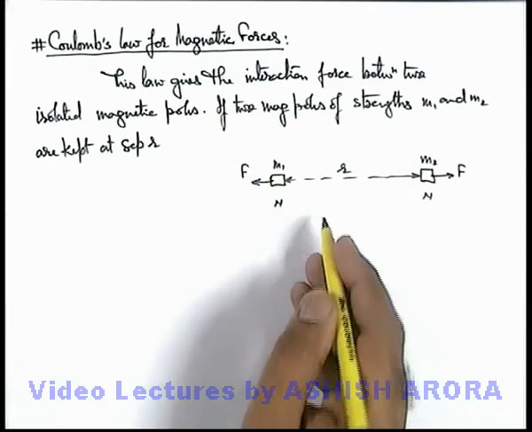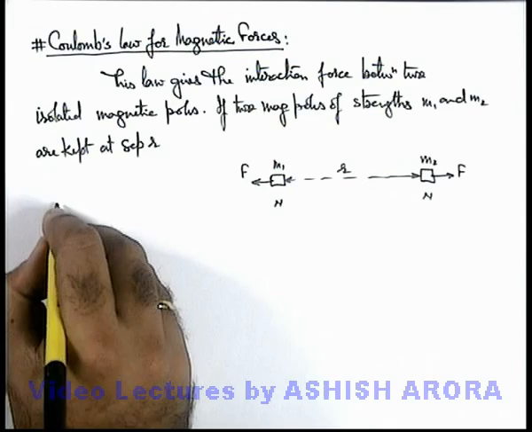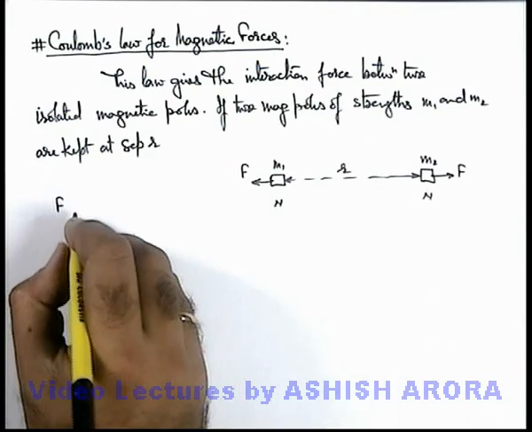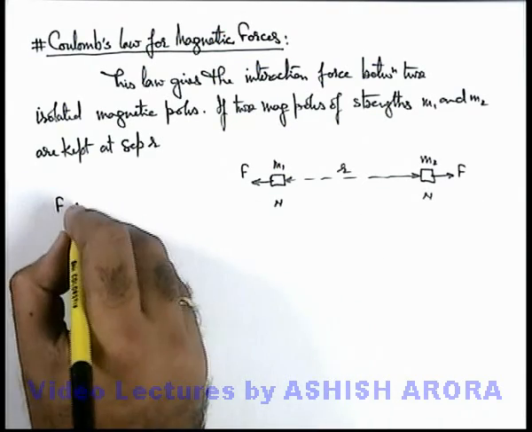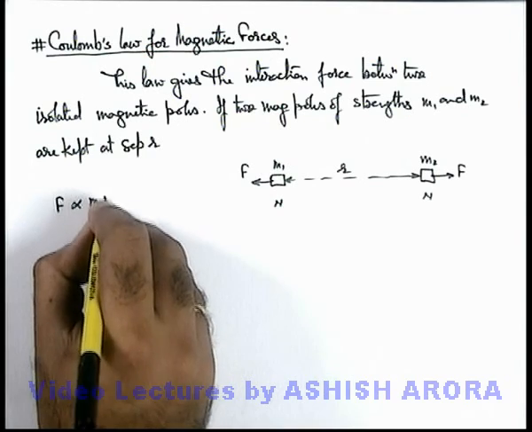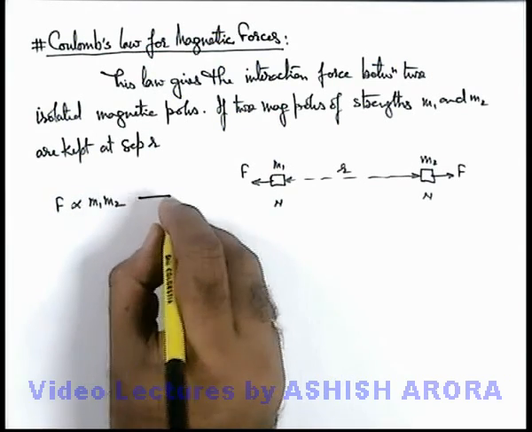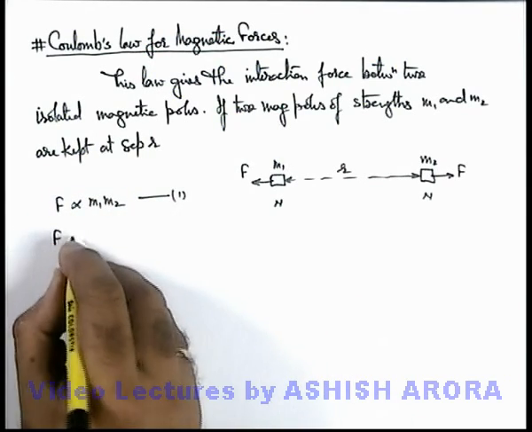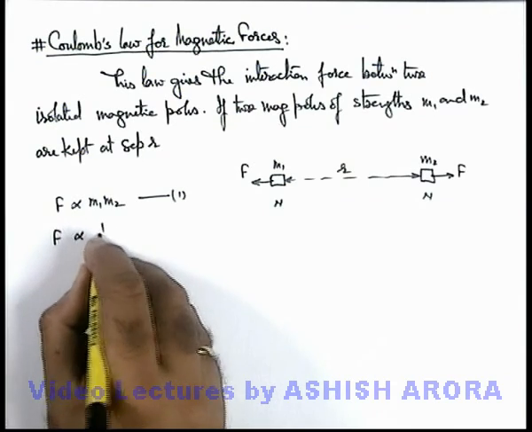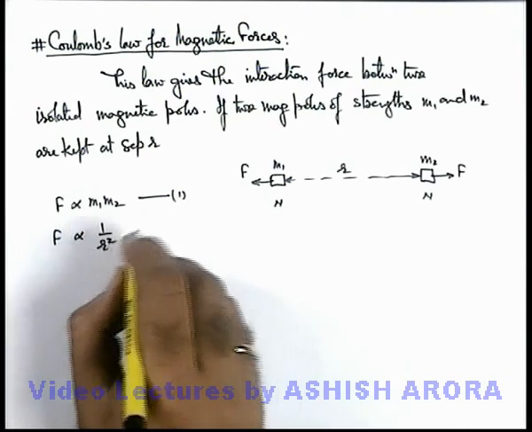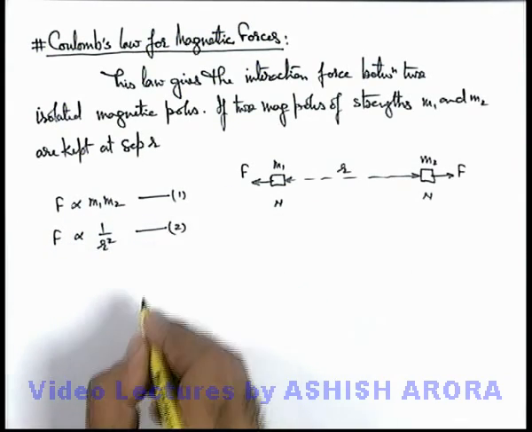According to the Coulomb's law for magnetic forces, here we can write that the force of repulsion between the poles or force of attraction between two poles is directly proportional to the product of their pole strengths. It is our equation 1, and the force is inversely proportional to the square of separation between the two, which can be taken as equation 2.